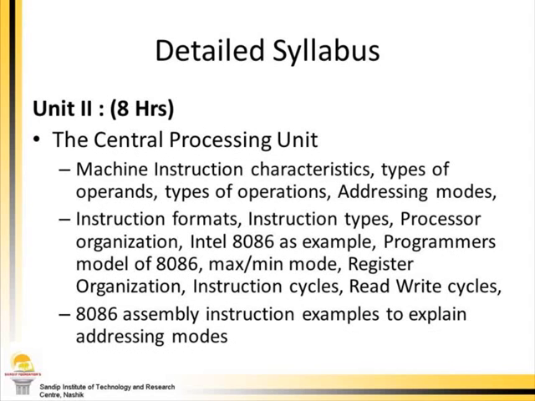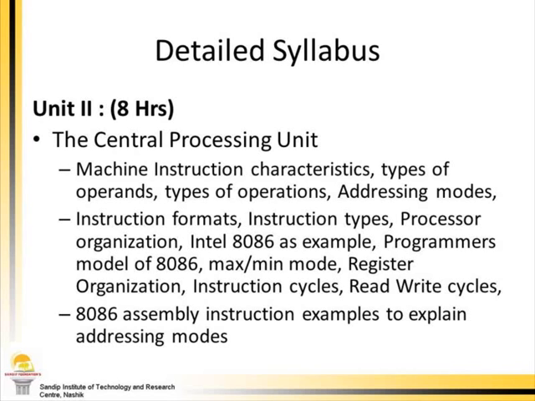Then the second unit consists of all the basics related to the central processing unit, that's our CPU. It contains machine instruction characteristics, types of operands, types of operations, addressing modes, then instruction format, instruction types, processor organization, including Intel 8086 as the example of the microprocessor. Basically, it's a generation of microprocessor that creates x86 architecture, the important part of the generation of microprocessors.